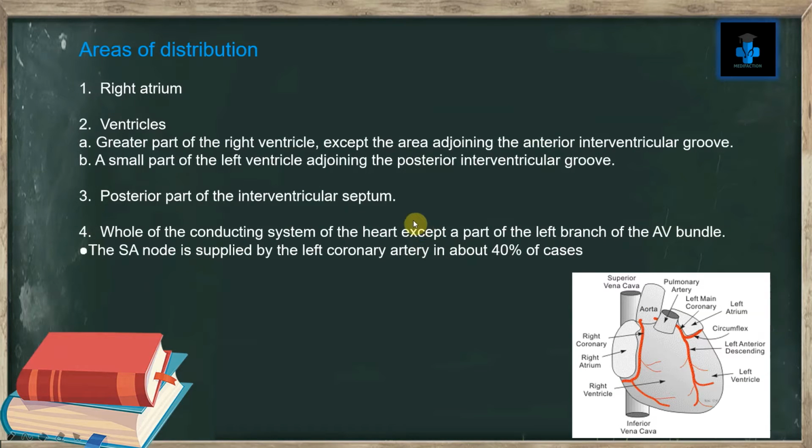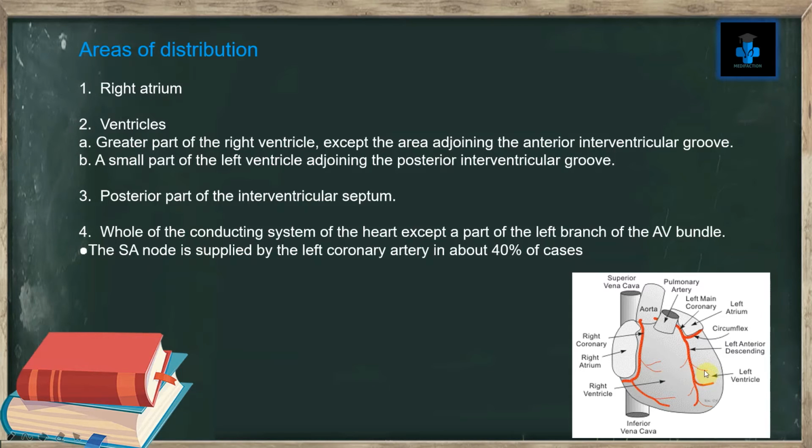Areas of distribution. Number 1. Right atrium. Number 2. Ventricles. The greater part of the right ventricle except the area adjoining the anterior interventricular groove. Also, a small part of the left ventricle adjoining the posterior interventricular groove.